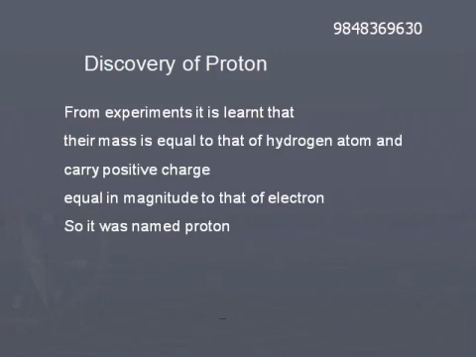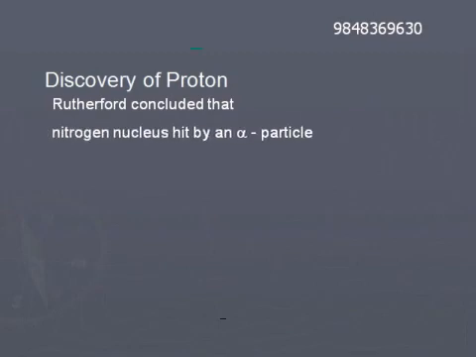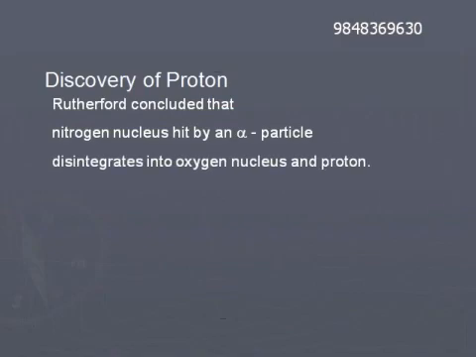Suppose by introducing nitrogen gas into Rutherford's apparatus these scintillations are observed, then Rutherford concluded that the nitrogen nucleus is hit by an alpha particle and, on being collided, disintegrates into an oxygen nucleus and a proton.